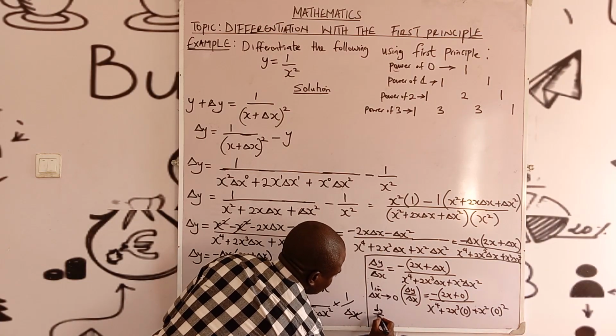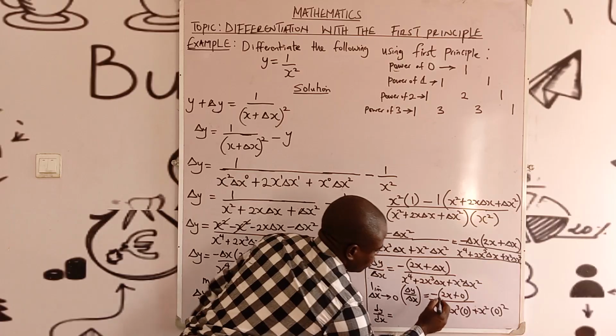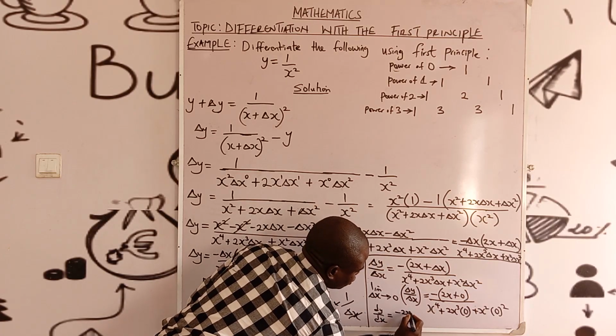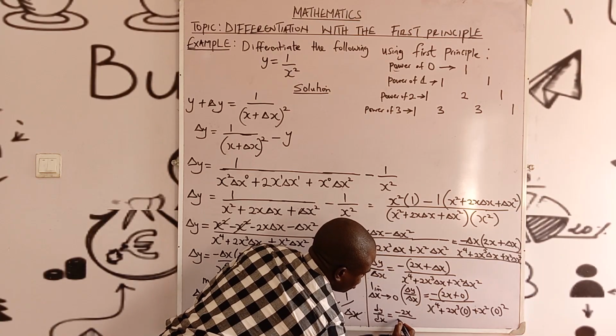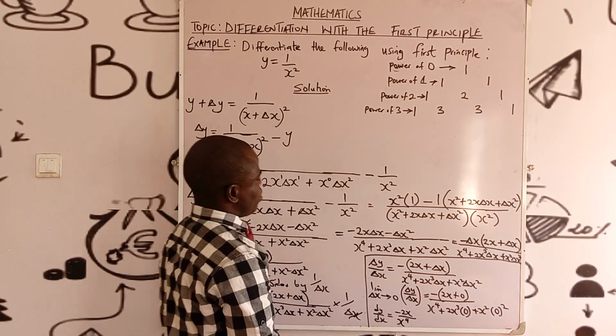Alright, dy over dx equals just minus 2x over all this one turned to 0, over x raised to power 4.